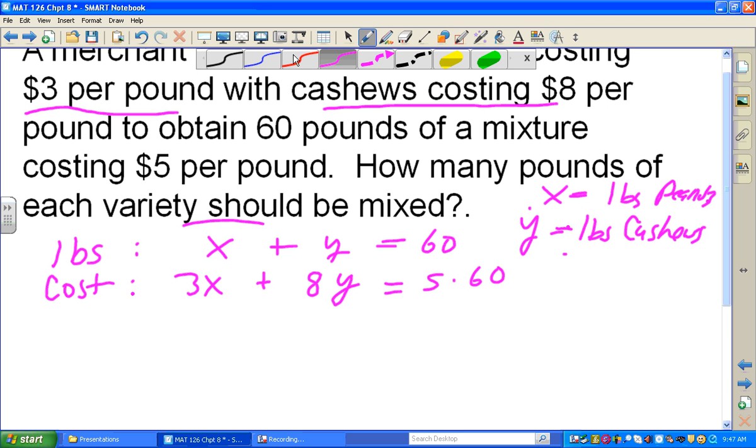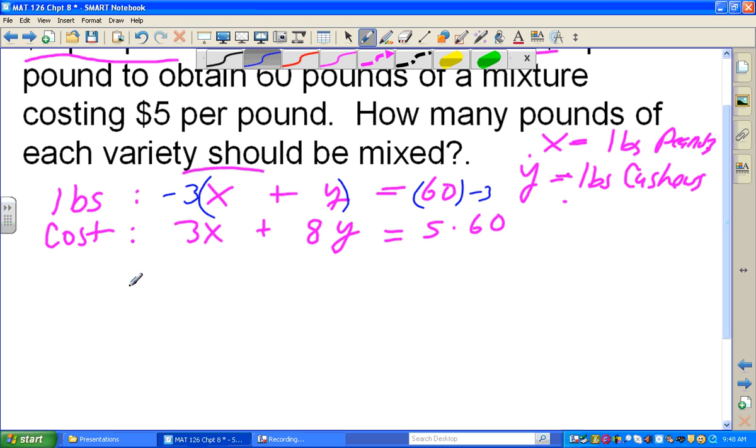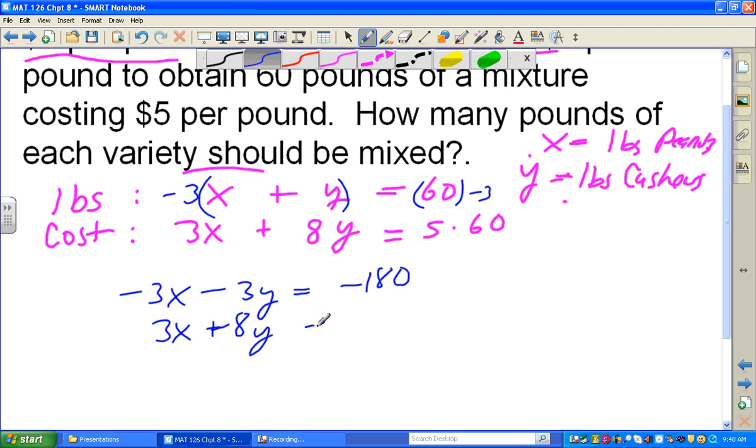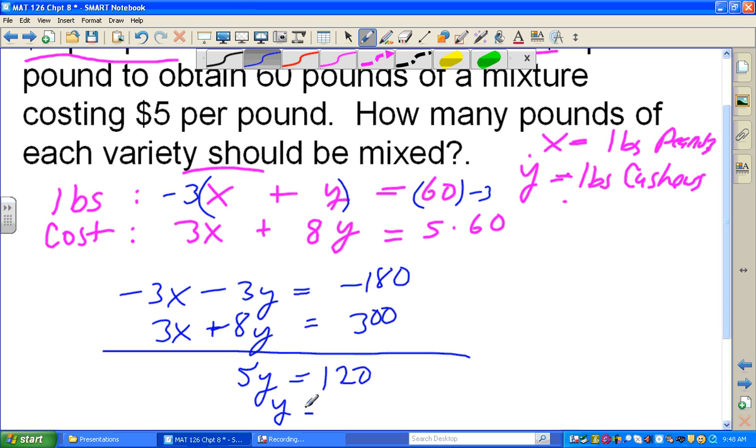I choose -3 first. How about that? That way we can knock out the x. So I have -3x minus 3y equals -180, and 3x plus 8y equals 300. Anybody get 24?